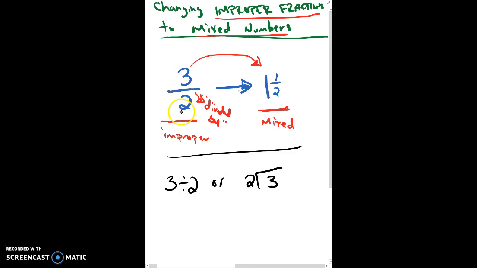Remember that the denominator always goes outside the little house, and the numerator always goes inside the house. By the way, if you have a calculator, then go ahead and use your calculator for problems like these.